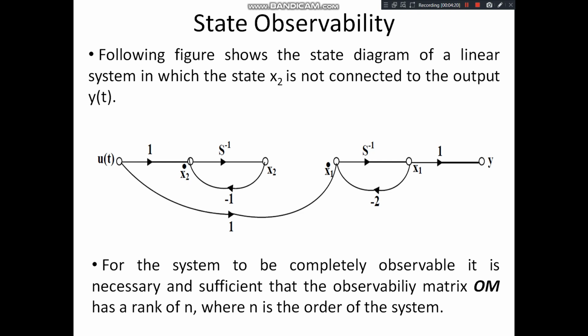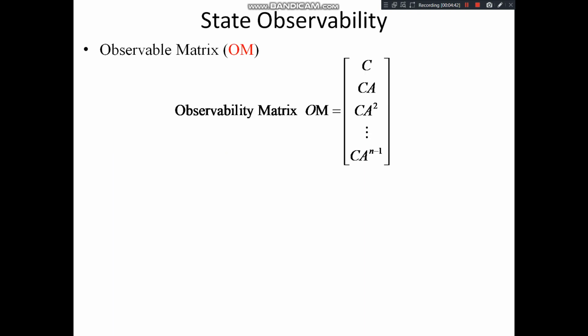If the determinant of the observability matrix is non-zero, the rank is n, therefore the system is completely state observable. If the determinant is 0, the system is not completely observable, or it is unobservable.